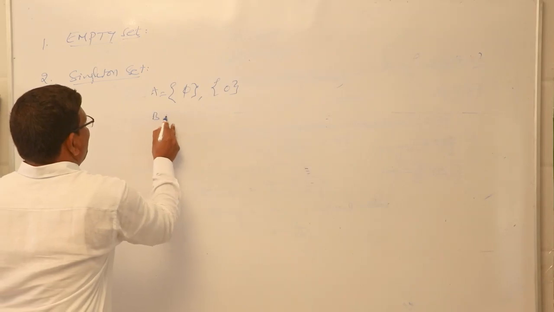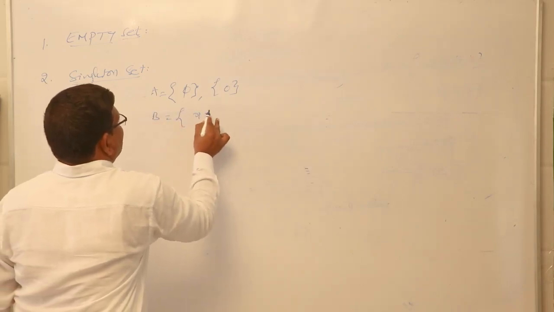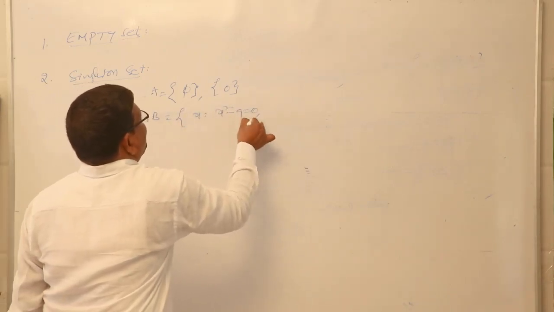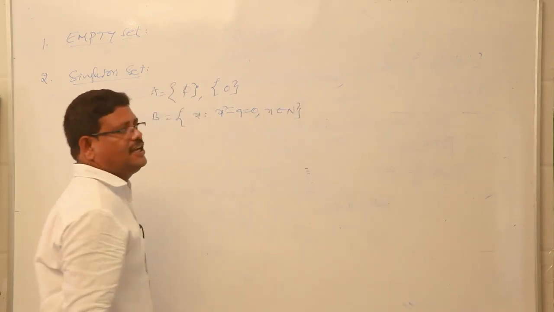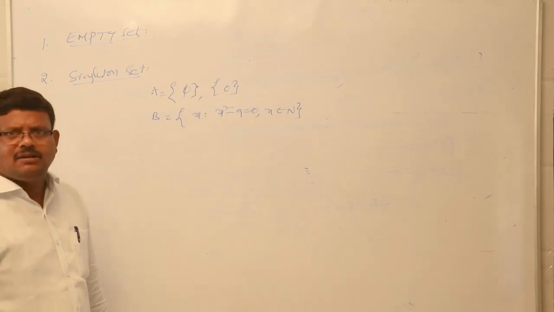The second example is the set of x such that x squared minus 9 equals 0 and x belongs to N. Is it a singleton set or not?